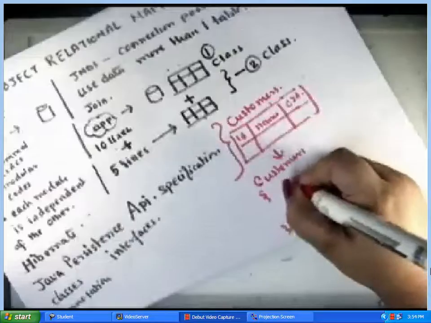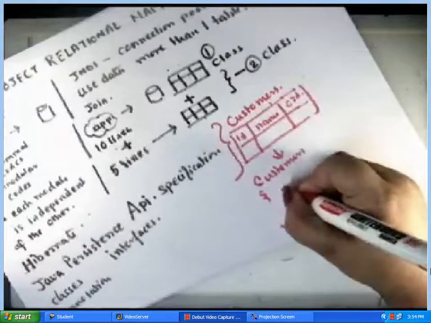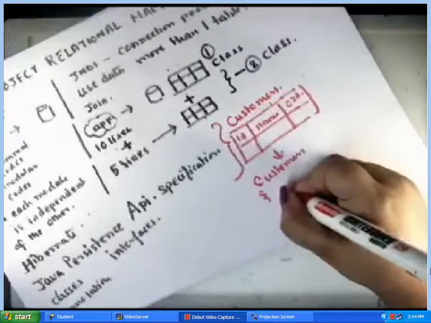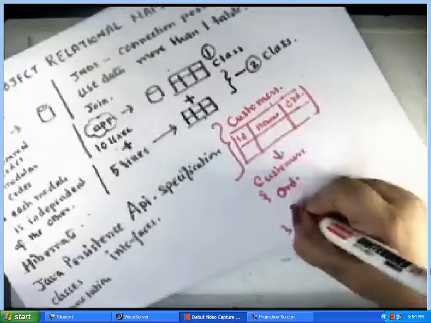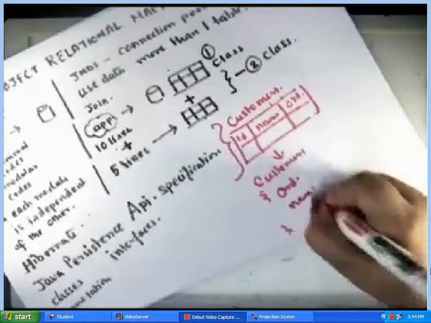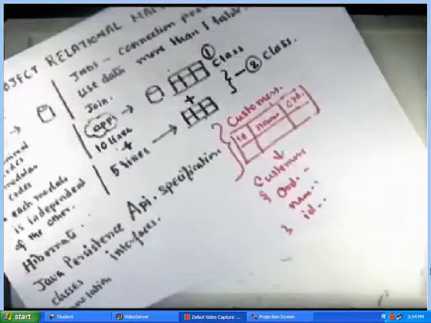Like instead of ID, name and order, it can be, let's say, order, name and the respective ID of the customer. Our sequence can be this way. So it is not necessarily the structure of the class will always match the database table structure.